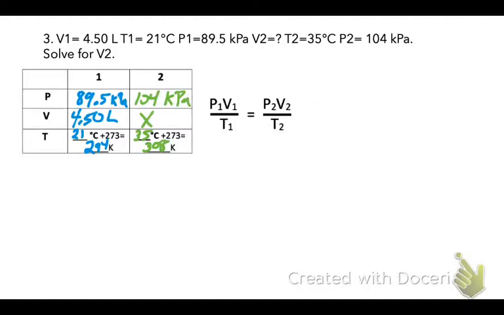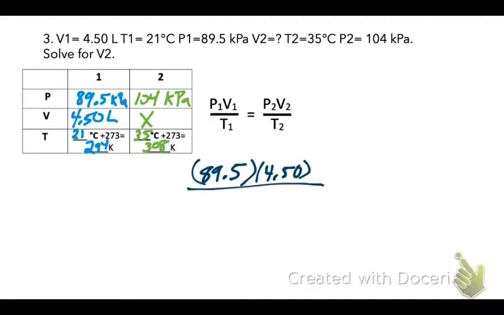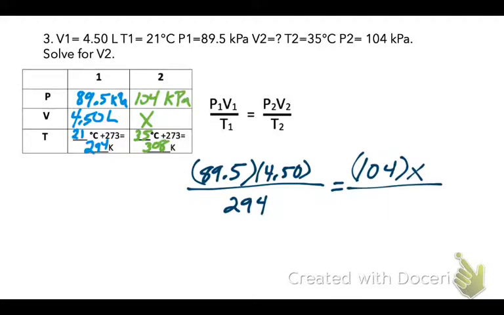Sorry about that, just so I have more space. 89.5 times 4.5 over 294 is equal to 104 times x over 308. All right, so it looks like a lot of numbers, but it's still just cross multiplication.